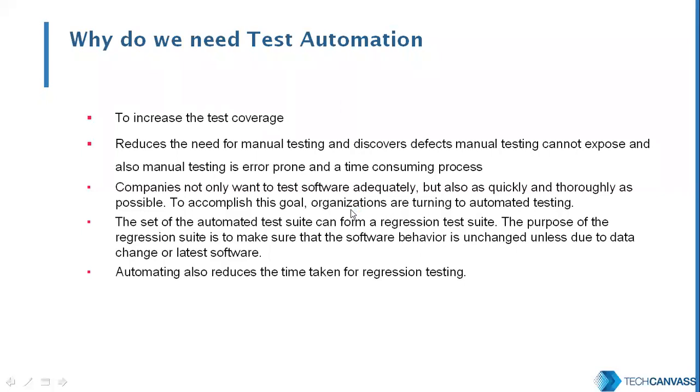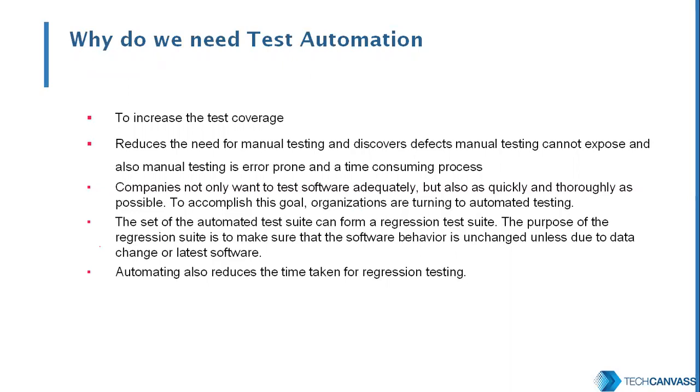So the question once again arises: why do we need test automation? The first important point is to increase the test coverage. The more we automate, the less time the manual team is going to take to go through the existing set of functional test cases.